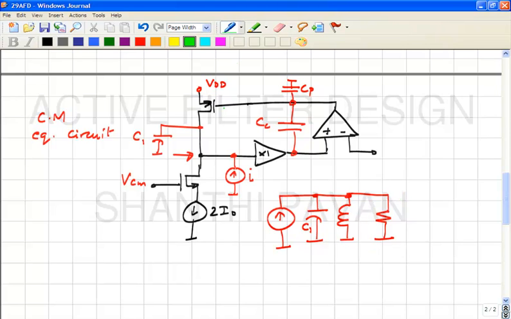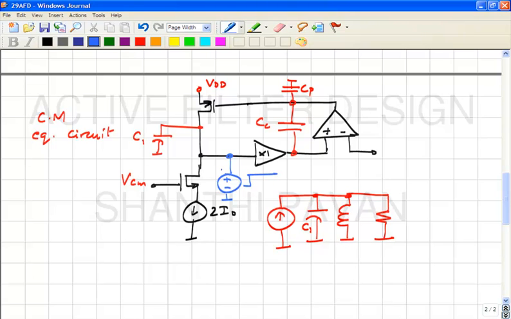So if I yank this voltage suddenly, all right, what do you think are the components of current that flow out of this voltage source? Let's say I put an incremental voltage source here and yank this up like this.